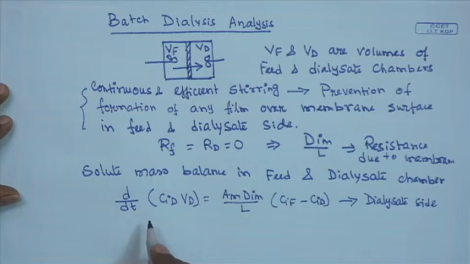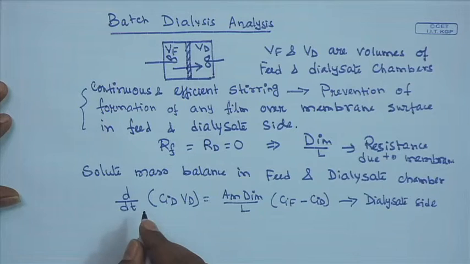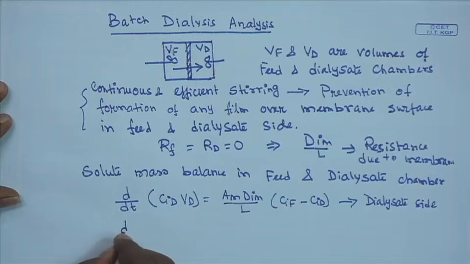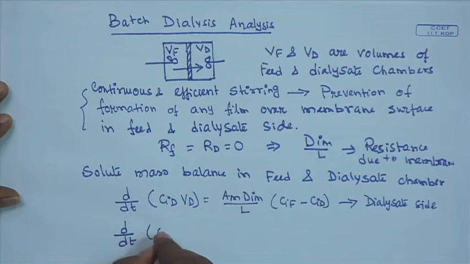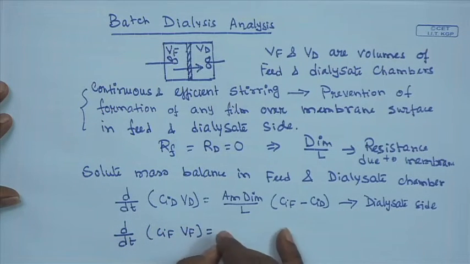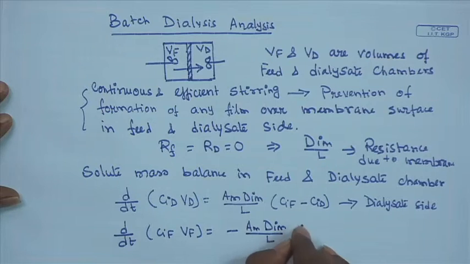Similarly, we write the solute balance on the feed side. That will be equal to the amount of solute going out of the feed side, so it is a depletion in the case of the feed chamber. So, d/dt of C_iF times V_F is equal to minus A_M D_iM over L times (C_iF minus C_iD).